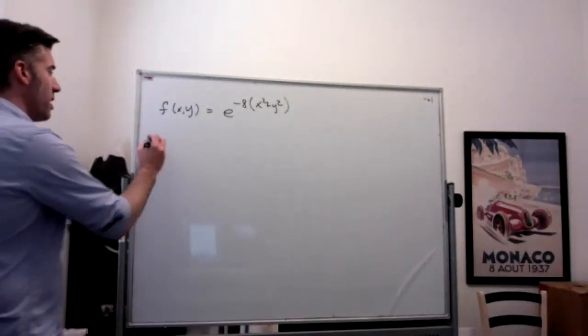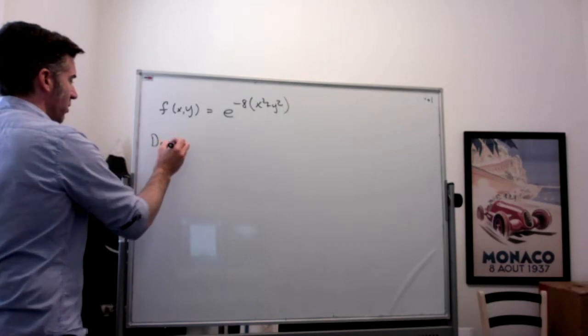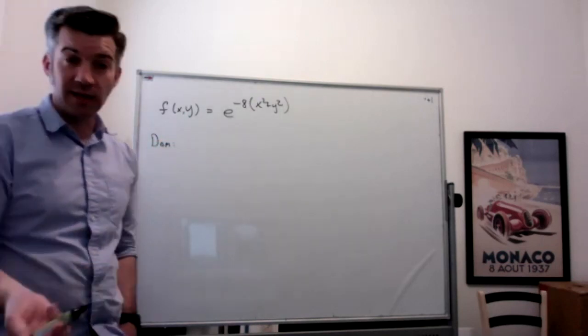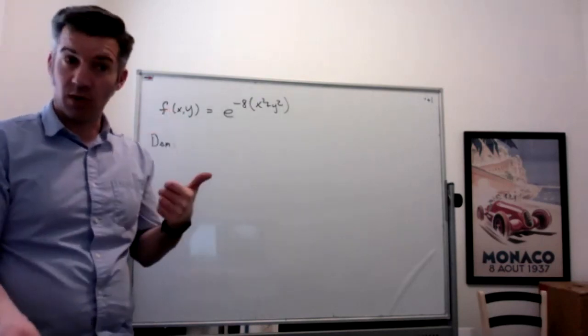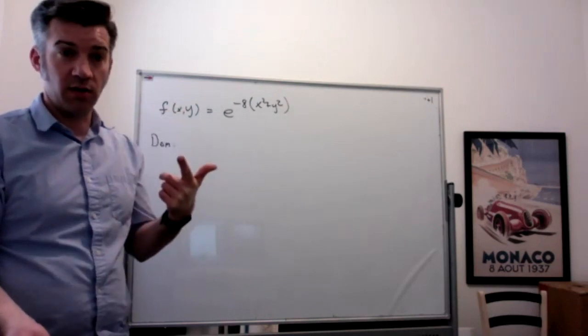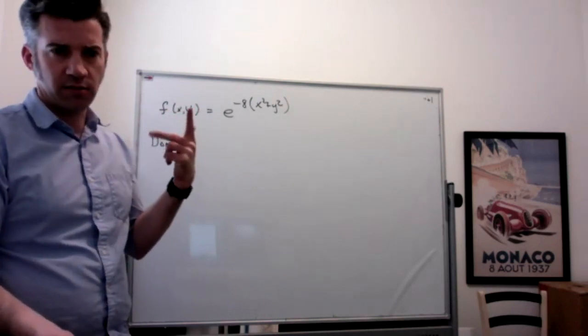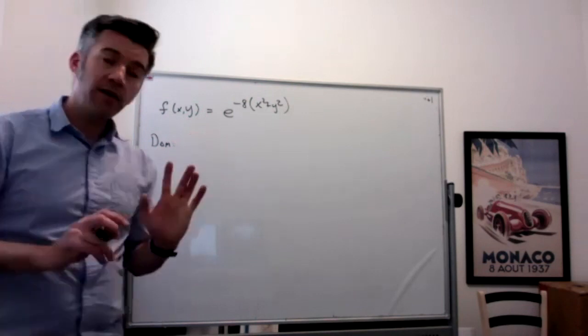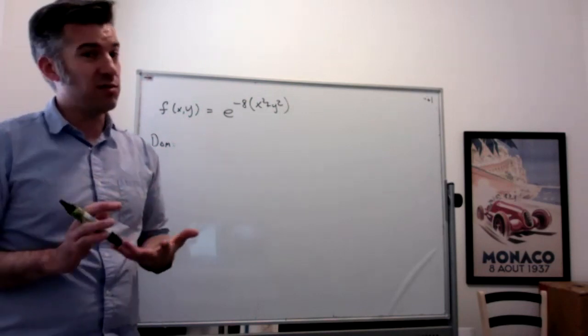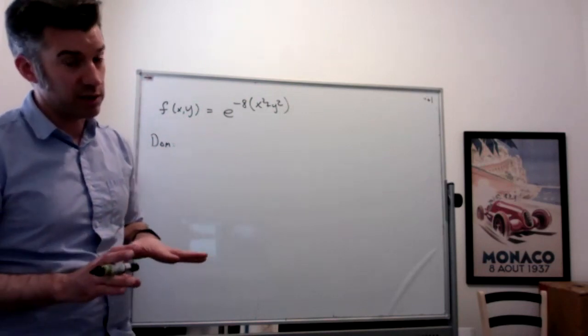So for this one, the domain. For the domain, I don't see any of the 3 indicators that there's any issue. There's no square roots. There's no division by 0. There's no, what's the other thing? Logarithms. You would not be incorrect to say, well, James, technically you could have division by 0.